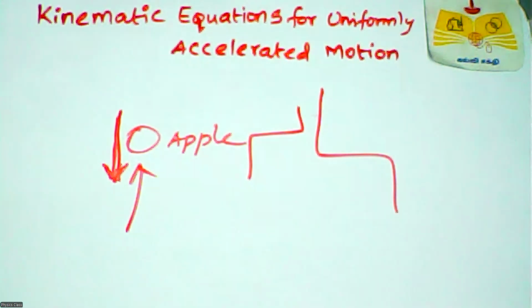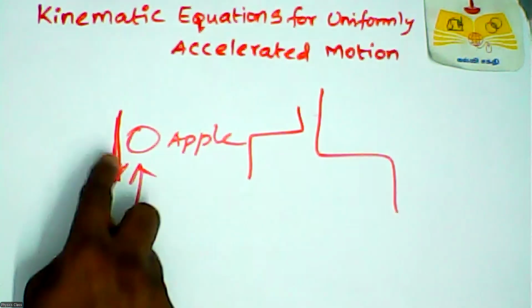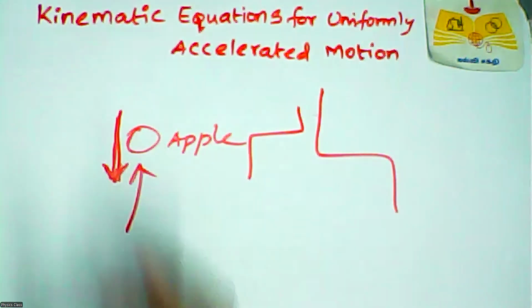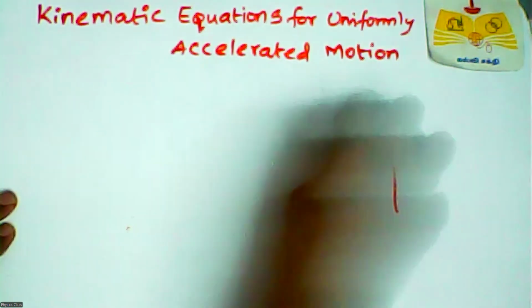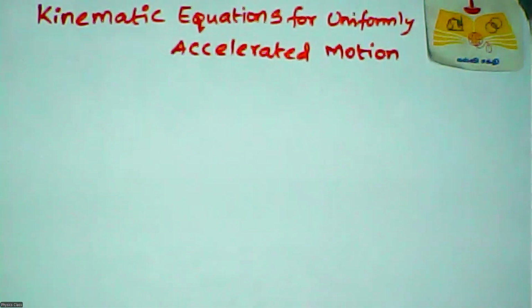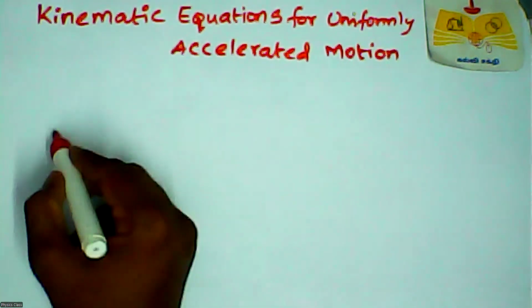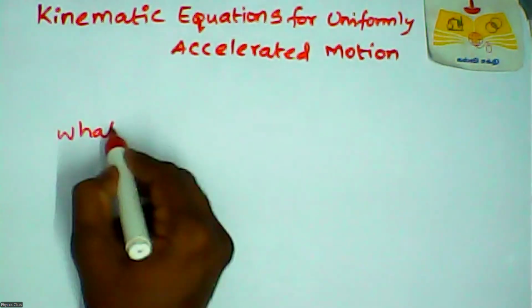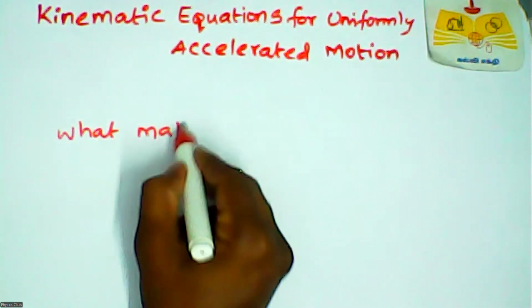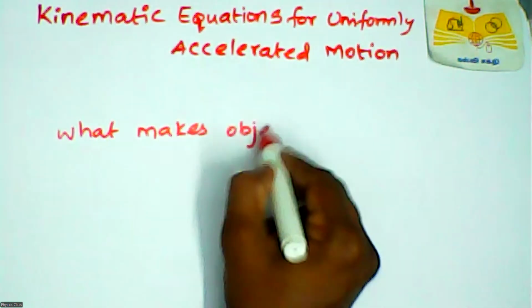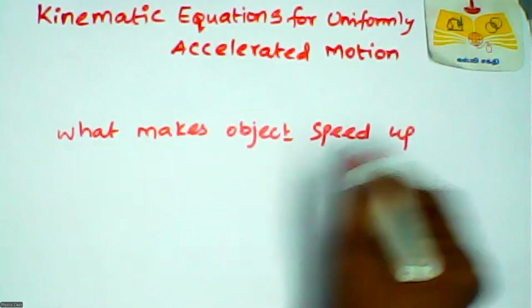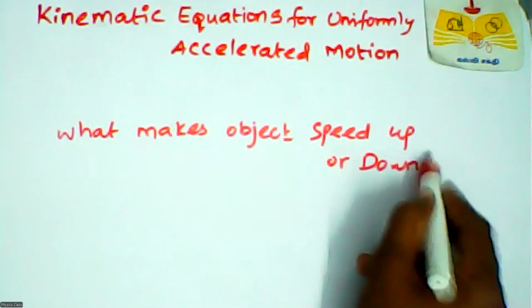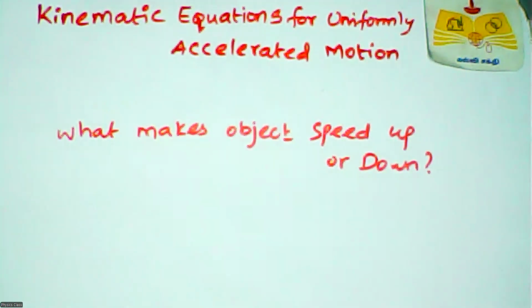So let me ask you all, what makes an object speed up or slow down? You can unmute your mic or you can message me in the chat box. What is the reason behind that?